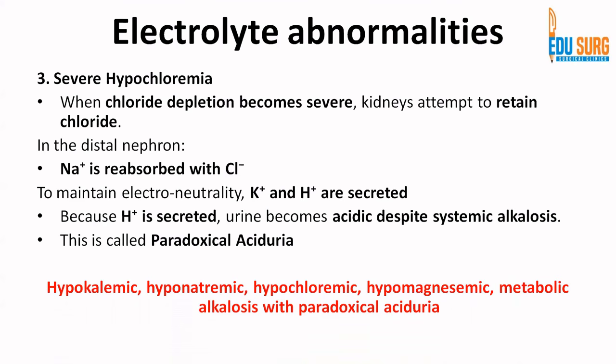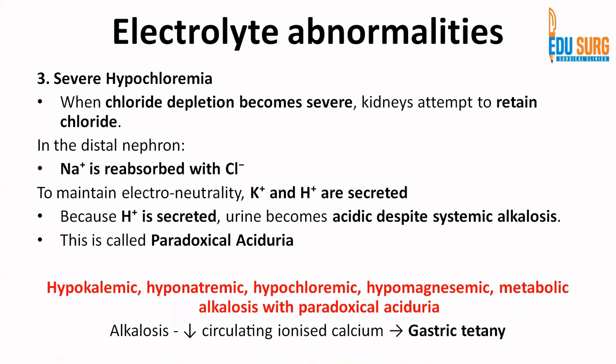And finally, what you see is a hypokalemic, hyponatremic, hypochloremic, hypomagnesemic metabolic alkalosis with paradoxical aciduria. So that is what finally you will see in these cases. Because of metabolic alkalosis, there is reduction in circulating ionized calcium, and this can result in gastric tetany.